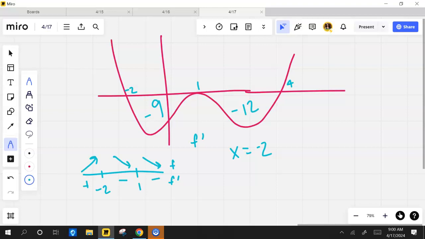Always go back and reference what they give you, even whenever we get further. So because f prime changes from positive to negative at this point. That was 2 points, one for identifying x equals -2, one for the justification.